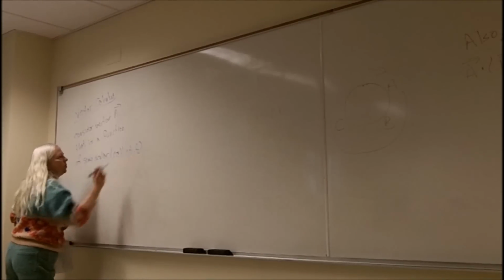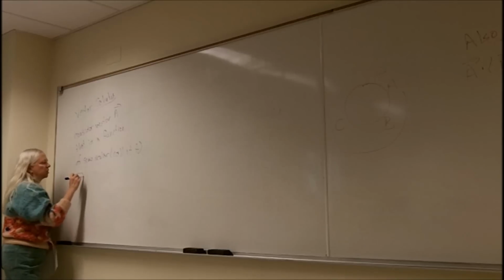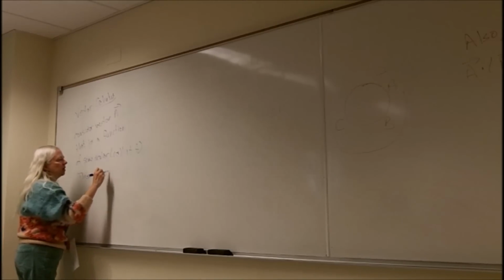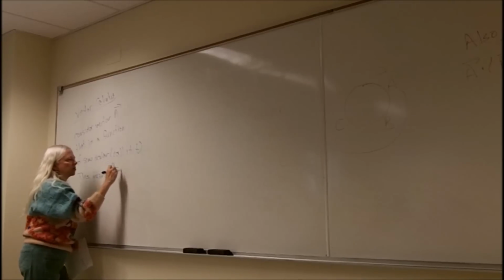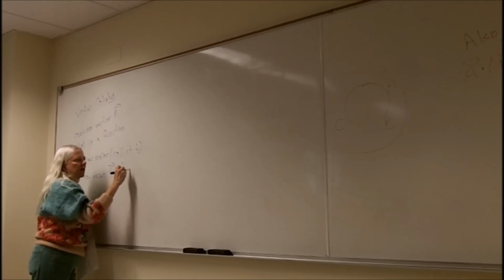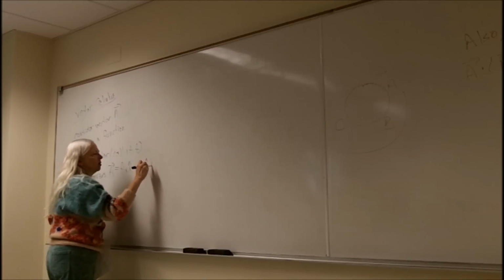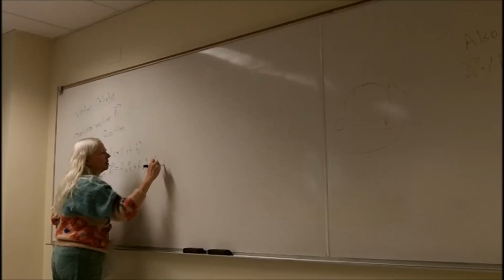So first of all, what do we mean by a vector being a function of a scalar? Well, A, like any vector, could be written in terms of components. A sub x times i hat plus A sub y times j hat plus A sub z times k hat.